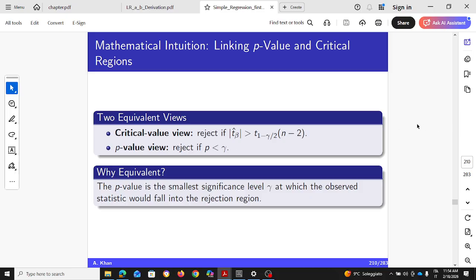Gamma is arbitrary. Yes, it depends, but typically you choose it 5% or 1% in this range. Otherwise, if you choose a big value, this means you are coming inside the bulk of your data.